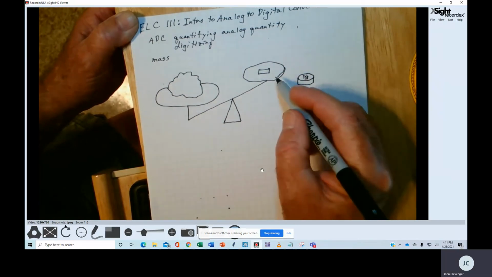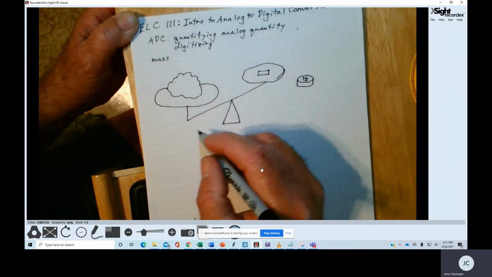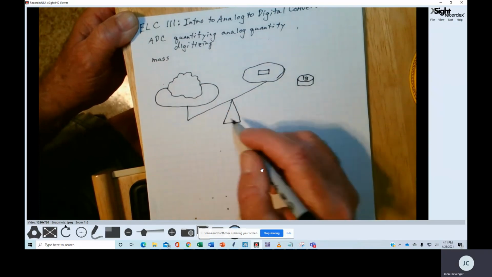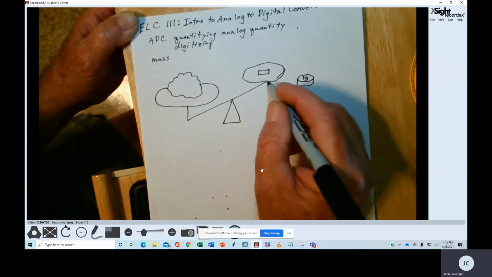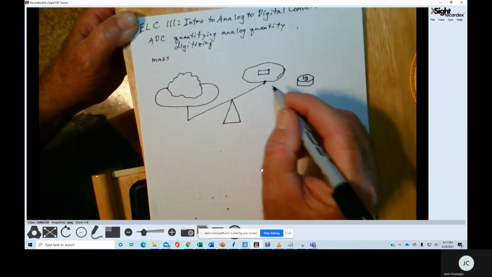And we place the first 1 gram weight on here, and note that the mass of the object is greater than the 1 gram weight, so the balance beam stays as shown.